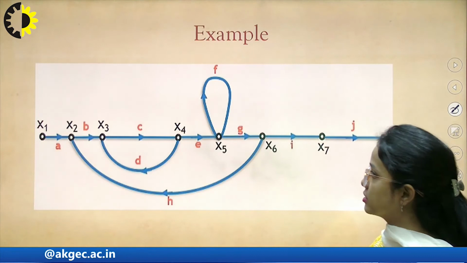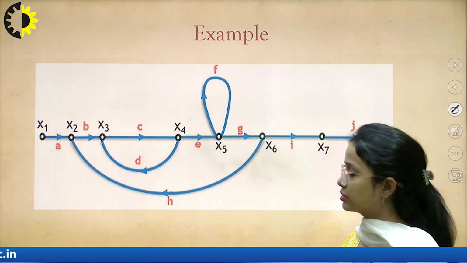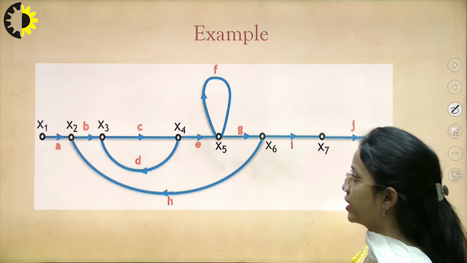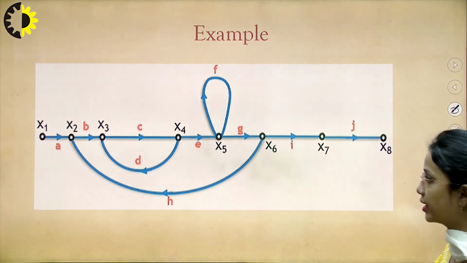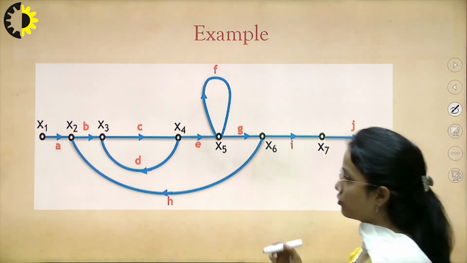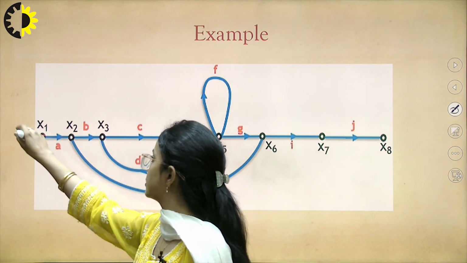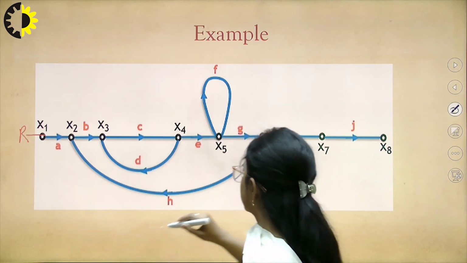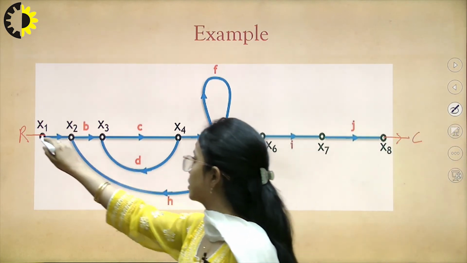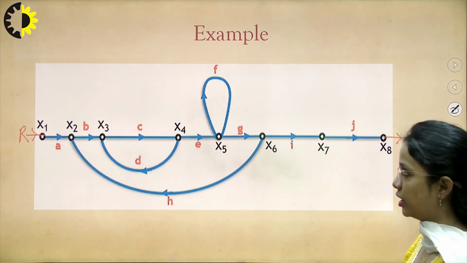So the next thing is problem solving. In this particular example, we have nodes x1, x2, x3, x4, x5, x6, x7 and x8. Of course here we have some input R, and here we have some output C. I do not need to define that.